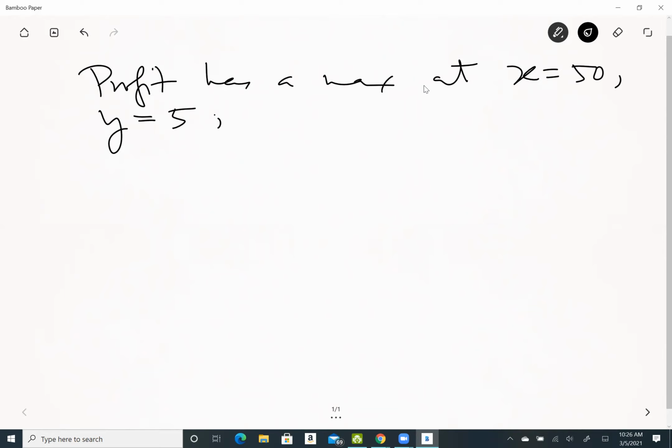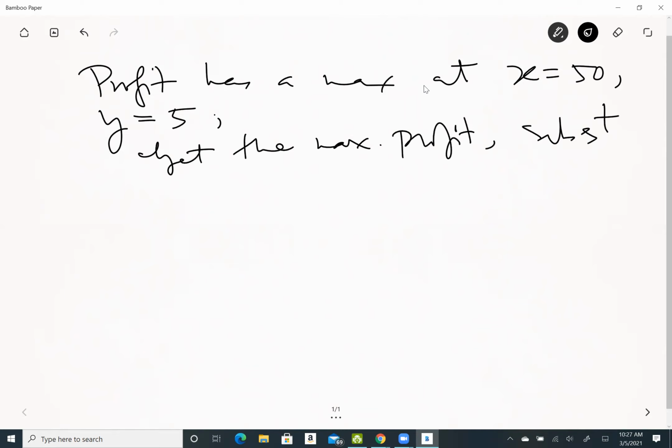You get the maximum profit. So in other words, you substitute X equal to 50, Y equal to 5 into the P. You get P equal to 650. So this one is already worked out.